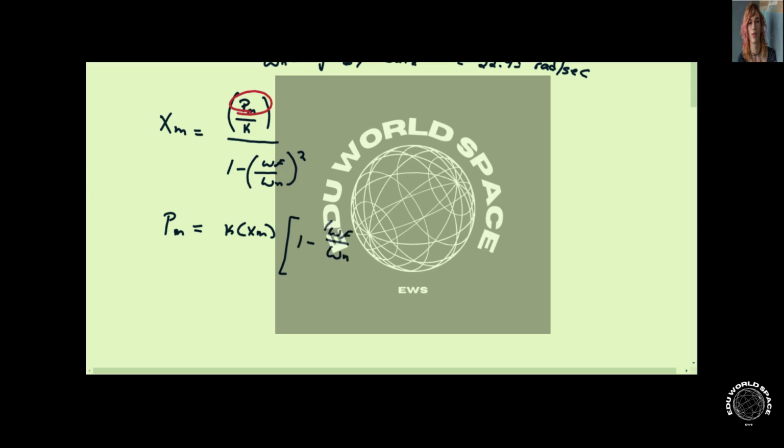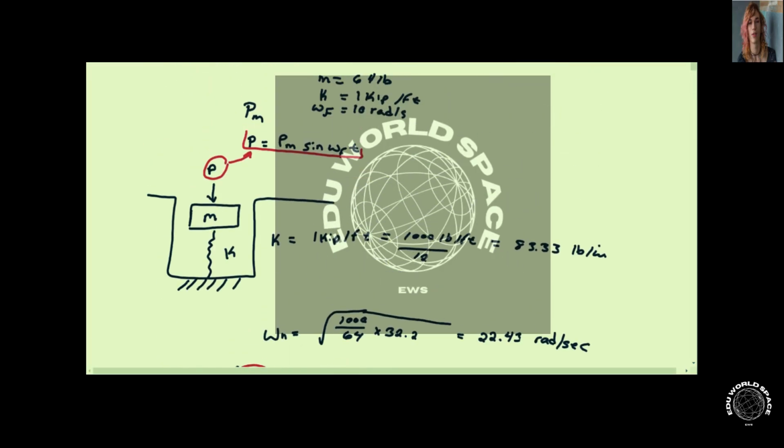Sometimes physics is like that. They trick you with an equation you don't quite need. Because if you noticed, there's no sine here. You don't know the angle. And since you don't know the angle, you can't quite do this yet because you have to figure out what this is.